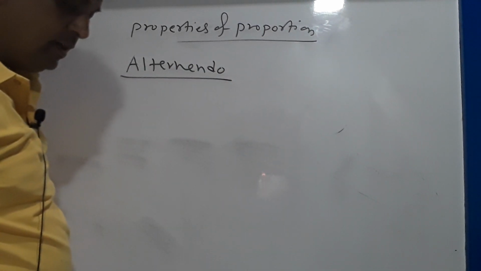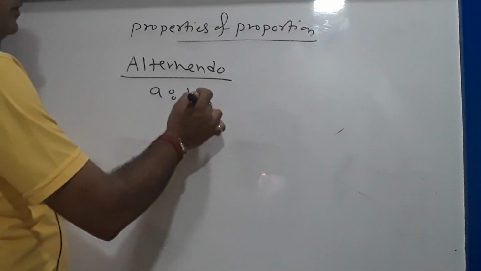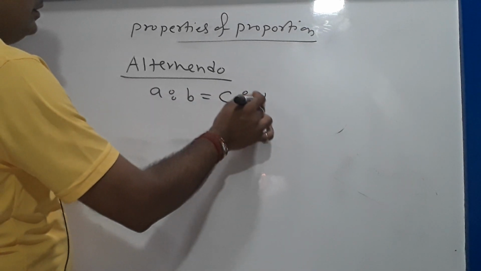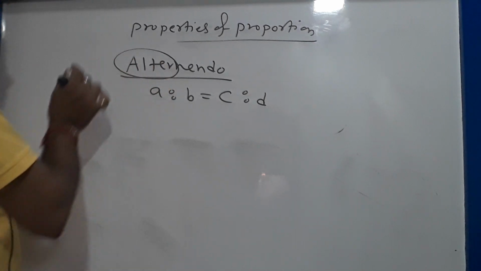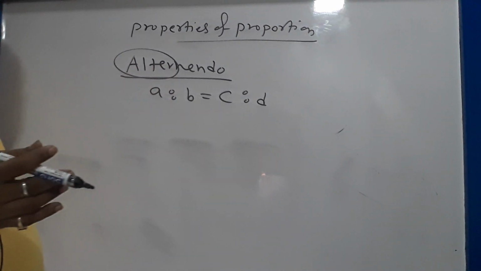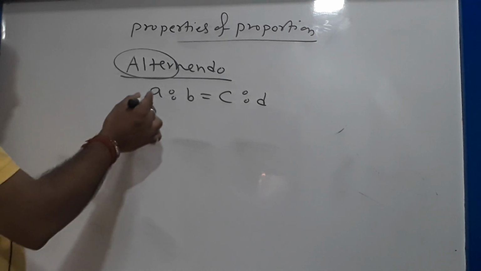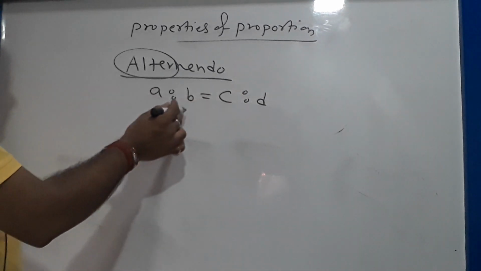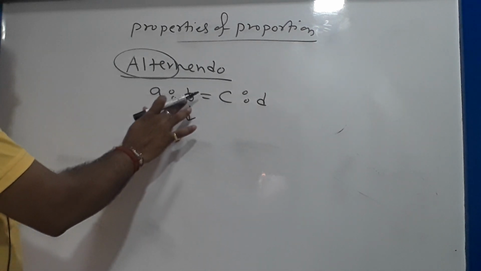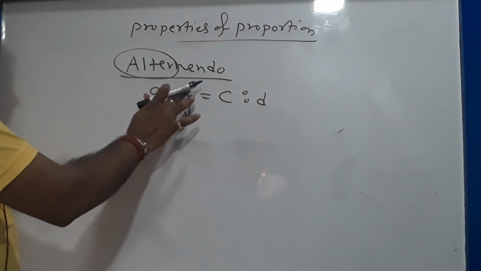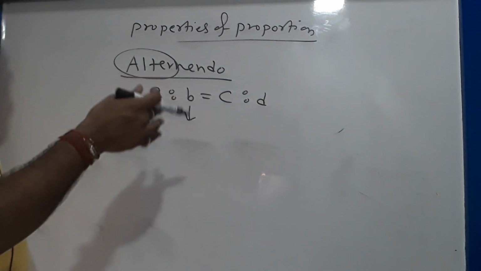A ratio B is equal to C ratio D. Alternando means alternate value. Alternate value means leave one value. A, B, C, D. Leave one value. So what will you get? After A we have B, so instead I will leave B. Alternate means leaving one number.